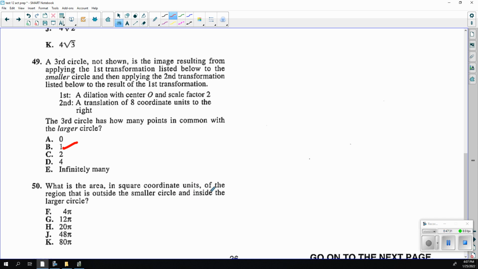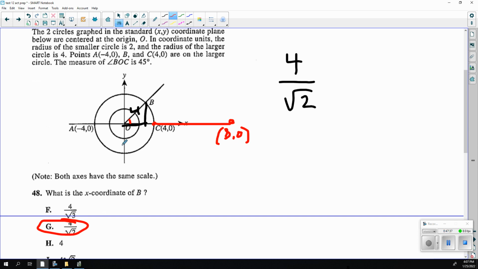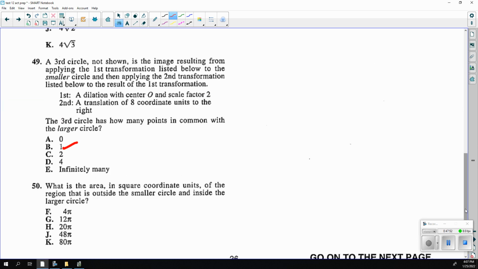What is the area outside the smaller circle but inside the larger one? It's just the two circles' area. So the larger circle is 16 pi. You could do area of circle. And the smaller circle is 4 pi. So the answer is 12 pi.